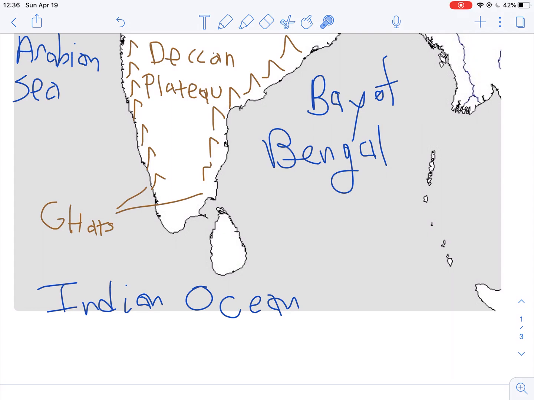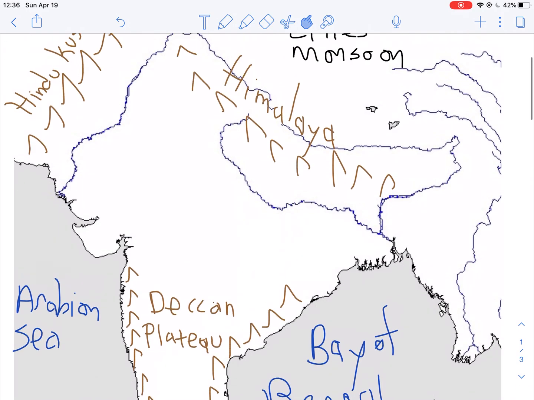Just kind of like how we make up the United States, but then Colorado is one state in the United States. All right. Our next is going to be our 3 rivers. And so over here, just east of the Hindu Kush, is the Indus River. All right. Just south of the Himalayas is the Ganges, which is a very important river even today.